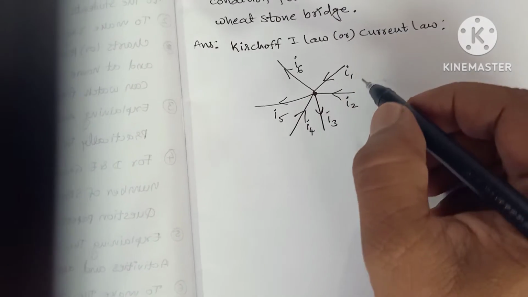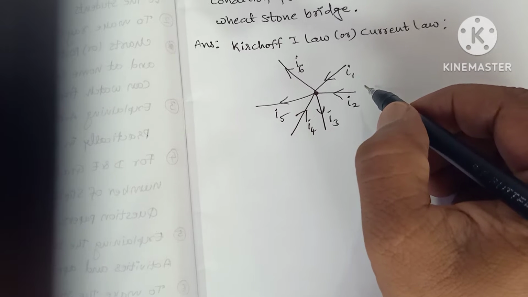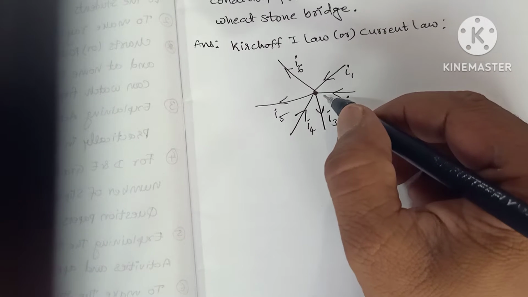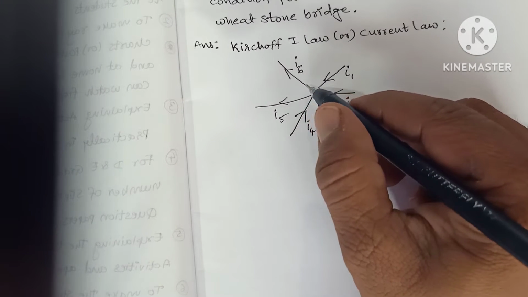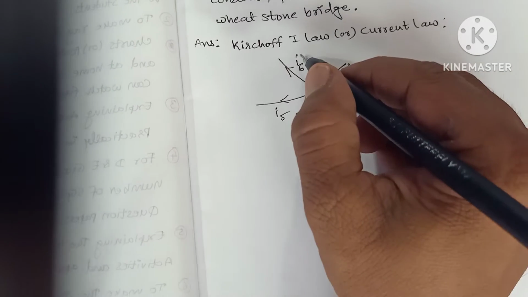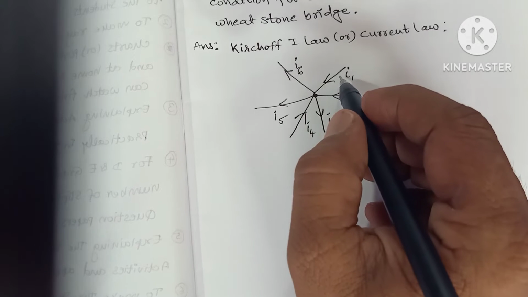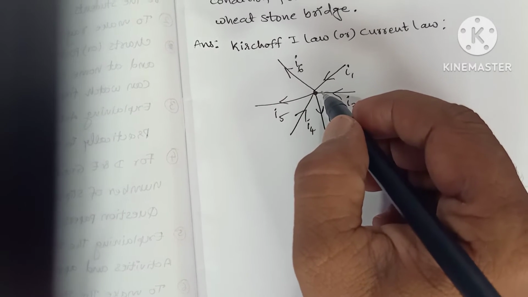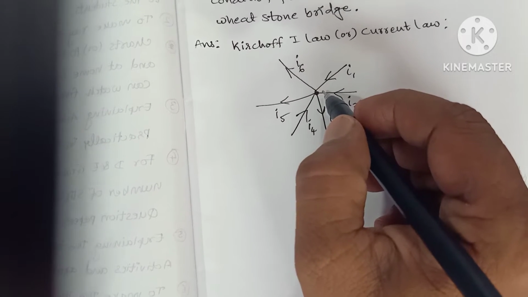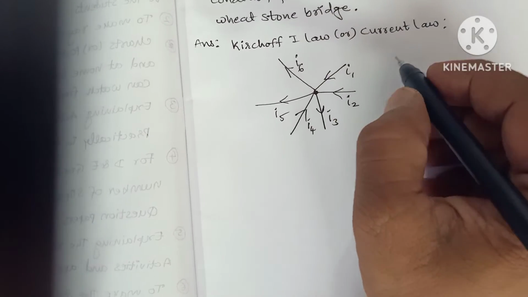So there are 6 different currents flowing towards the junction and away from the junction. What Kirchhoff's first law says is the algebraic sum of currents flowing towards the junction is always equal to the sum of currents flowing away from the junction.